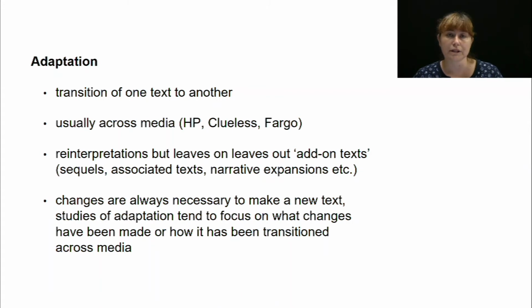So something like Clueless, which is a film that is a modern adaptation of Jane Austen's Emma, and things like Fargo, that is a film that was turned into a television series.